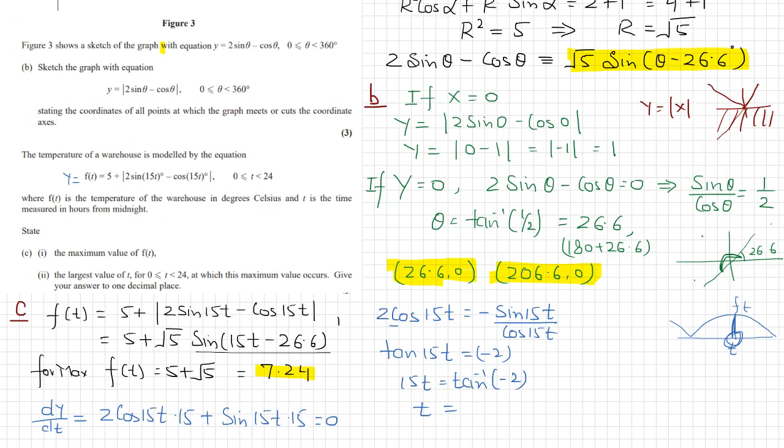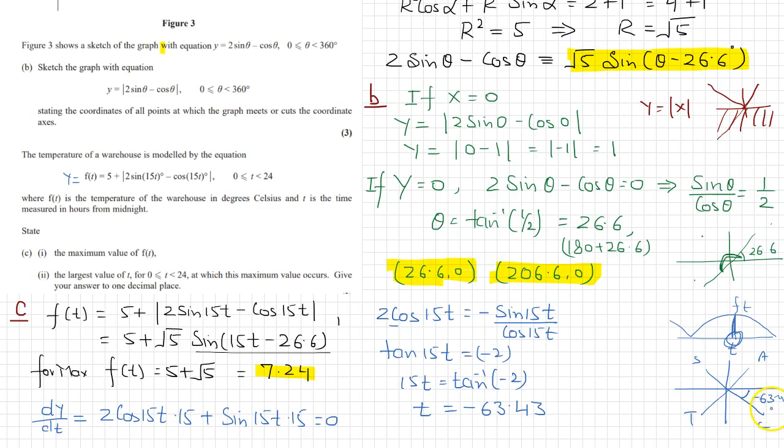So that is minus 63.43. This is ASTC. Tan is negative here.